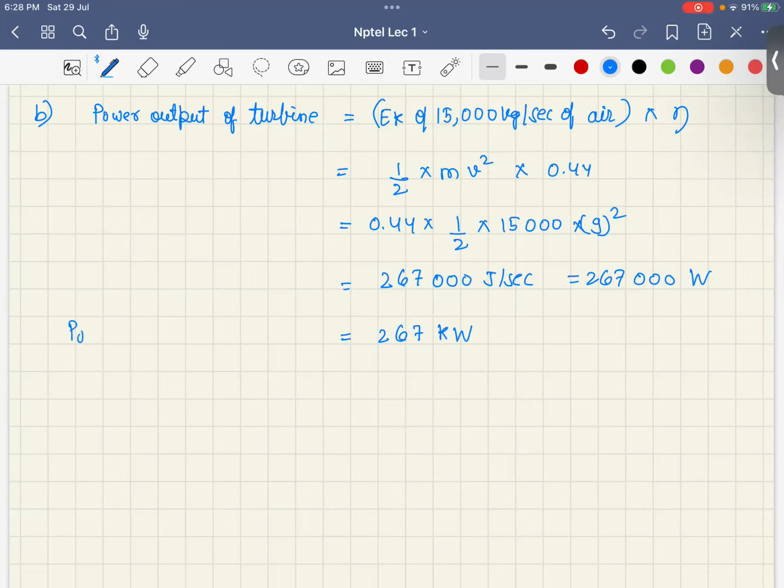The power output of the turbine comes out to be this much.